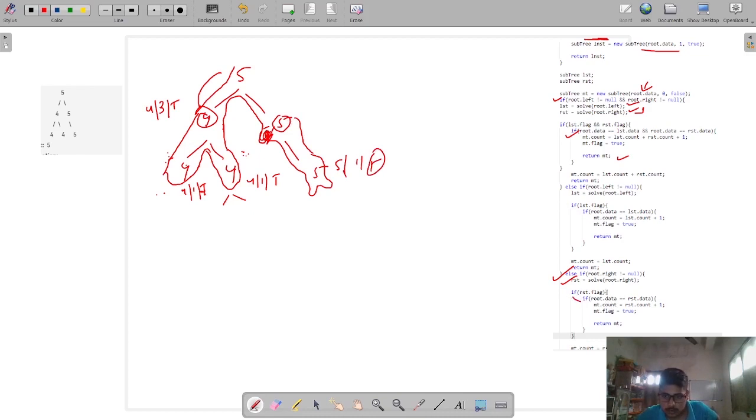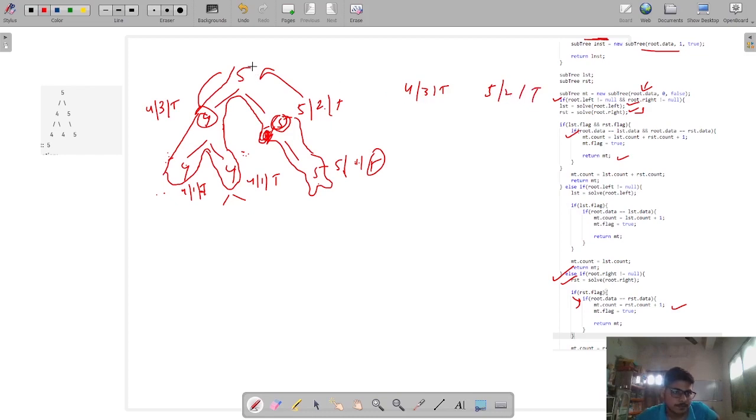So it goes under this one, this data is equal to this data, so my count will now be 1 plus 1. So what will it return? 5. My count will be this count plus 1, that is 2. My flag will be true, and it will return this. So from left I got 4 3 true, and from right 5 2 true.